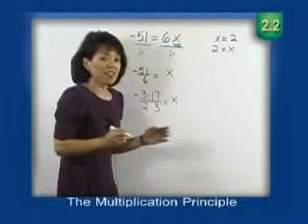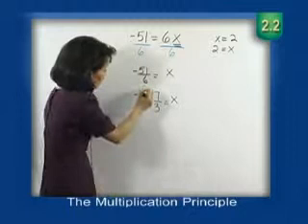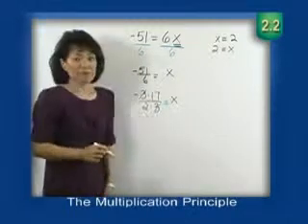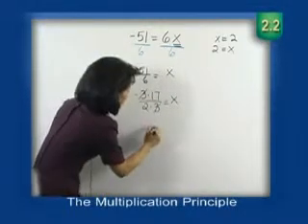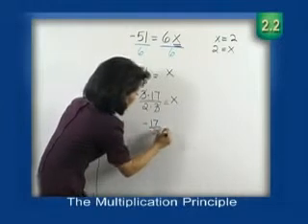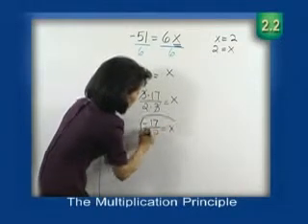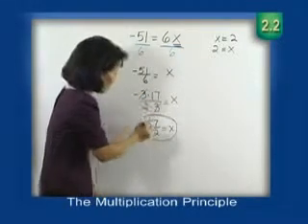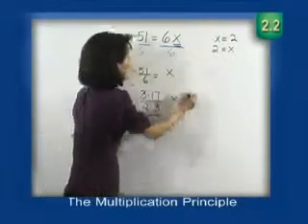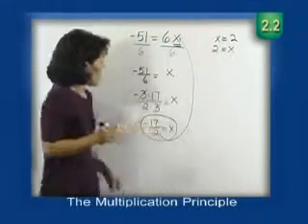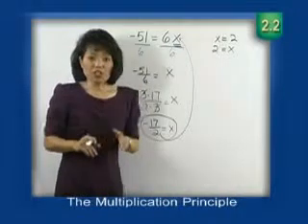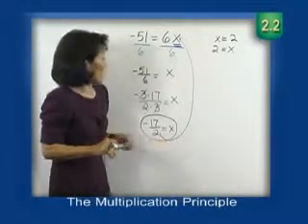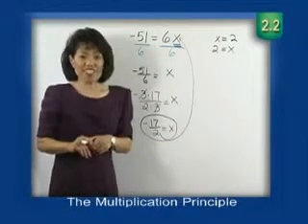So once we do that, we can see that the 3's divide out, and we're left with negative 17 all over 2. Now, to make sure you're correct again, you can take this negative 17 over 2, substitute it in for x in the original equation, and you'll see that indeed the answer is negative 17 halves.